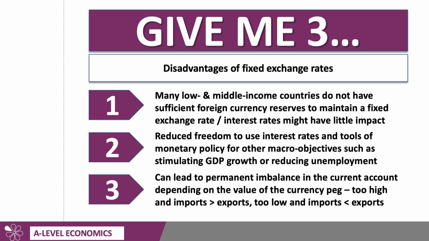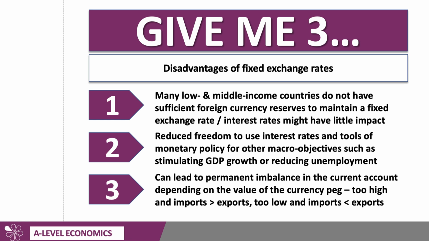Second point is crucial. If you fix your exchange rate, what it means is that the exchange rate becomes part and parcel of your monetary policy, and you're essentially taking away the ability to manage the exchange rate through a managed floating system. So if you move to managed floating, for example, you could then use interest rates and intervention, maybe to move the exchange rate in a particular direction.